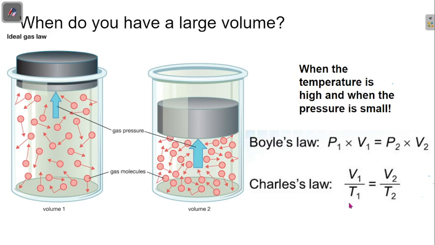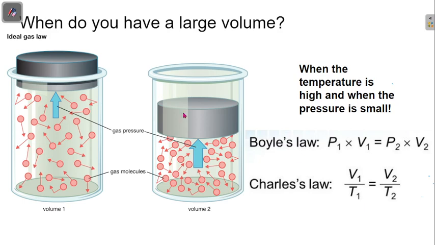Well, if you remember, what happens with temperature is that you're giving energy to the gas. And if there's no pressure, the volume will increase as you increase the temperature. You need to be able to explain things like this back to me. So you can get a large volume if you decrease the pressure and you increase the temperature.